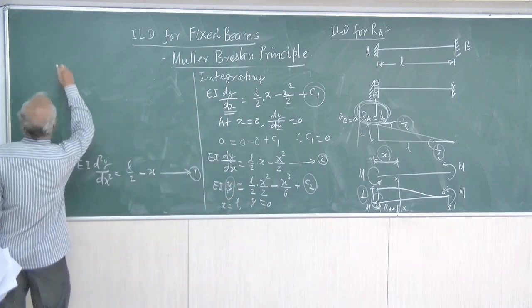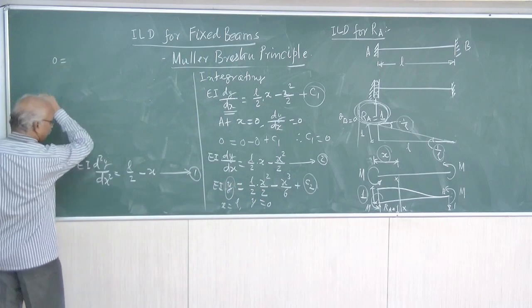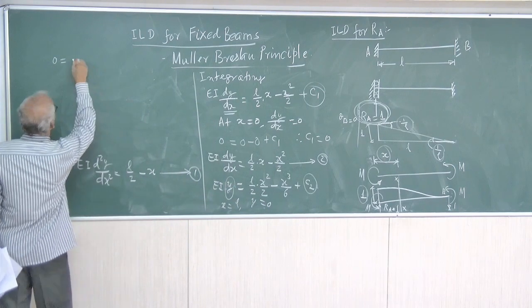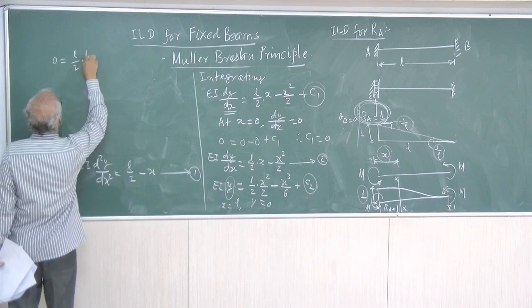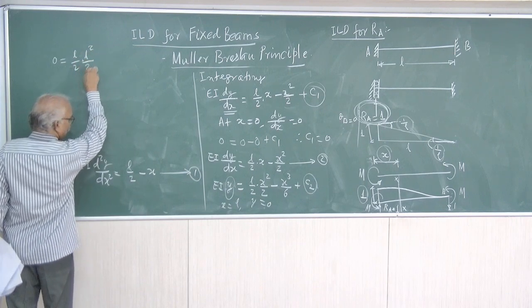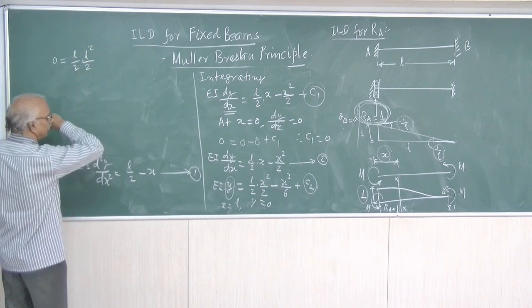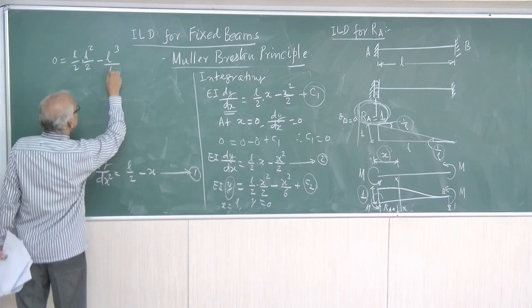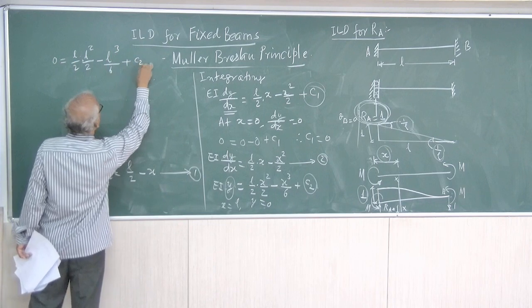Therefore, at x equal to L, L by 2 into L square by 2 minus L cube by 6 plus C2.